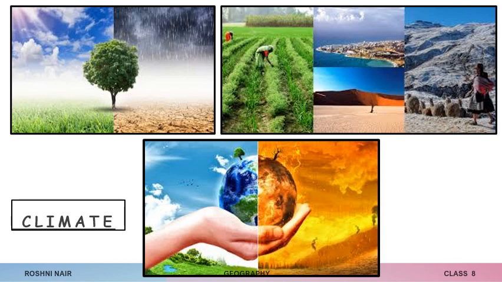If you remember, in standard 7 we studied the definition of climate, and we also studied that weather refers to the state of the atmosphere over an area at any point of time, and the elements of weather and climate are the same, that is, temperature, atmospheric pressure, wind, humidity and precipitation.